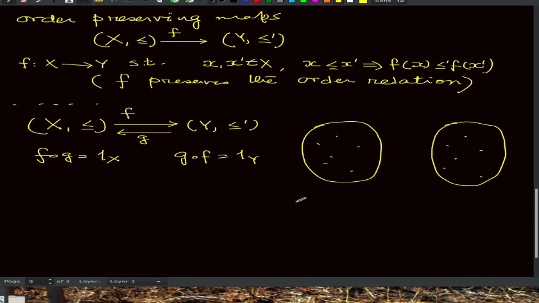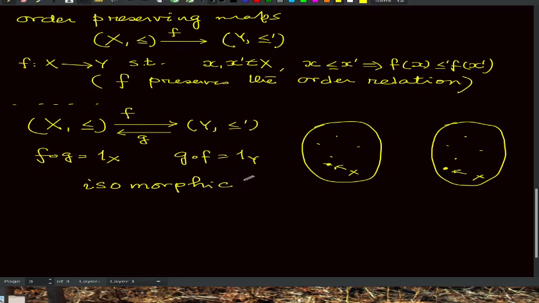But it also means that if this element corresponds to this element and this is smaller than that, then the image, so it's something like this. So by this I am saying this is smaller. So you can see the picture is the same. So in this sense, both x and y are actually the same partially ordered sets, and we call them isomorphic.